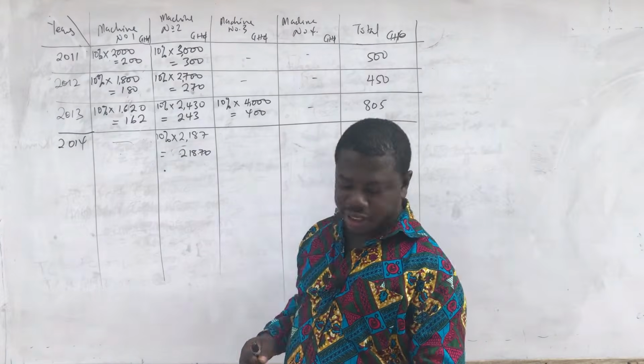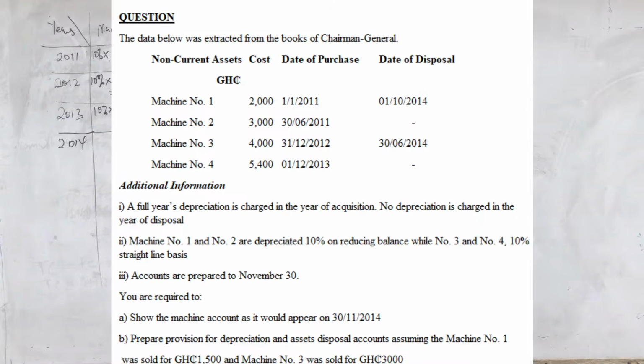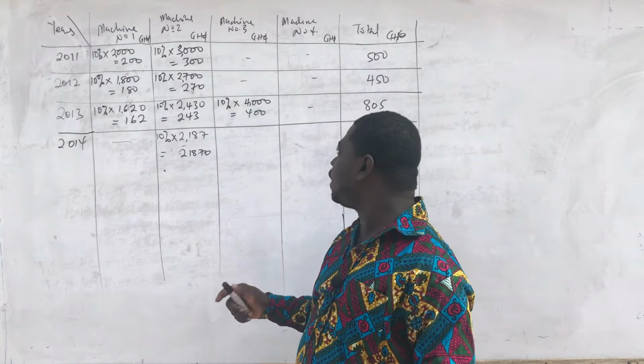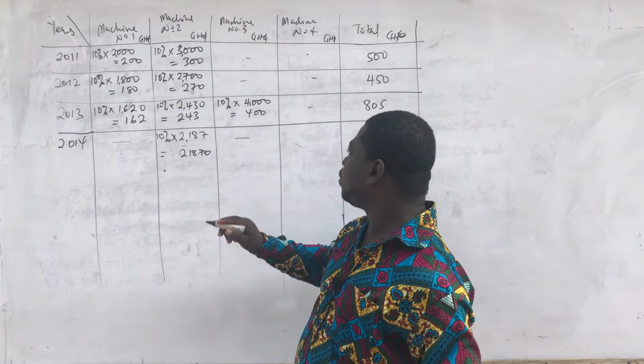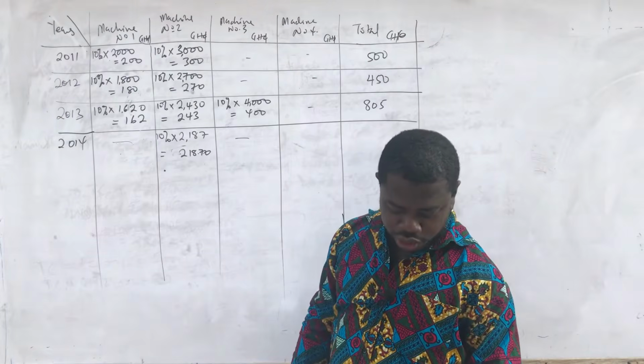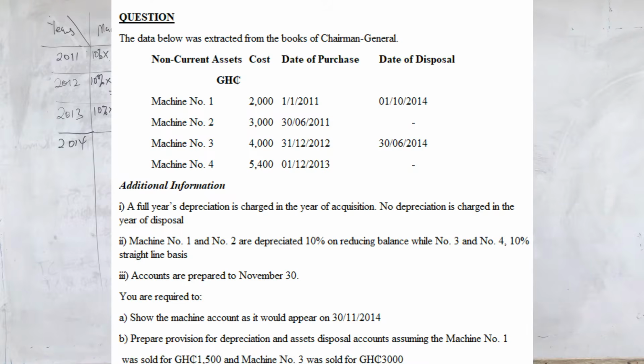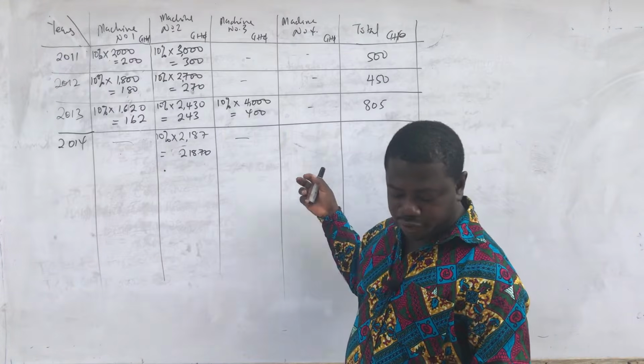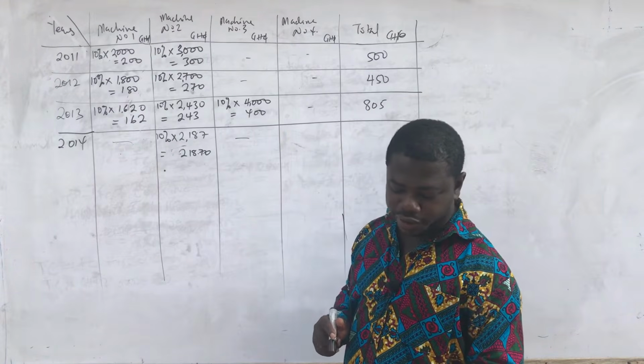And then we move to machine number 3. Machine number 3 was also sold in 2014. And because it was sold, there will be no depreciation in the year of disposal. So we just put a dash there. And then machine number 4 was bought in 2014. As a matter of fact, it was bought in December 2013, but it relates to 2014. And the cost is 5,400.